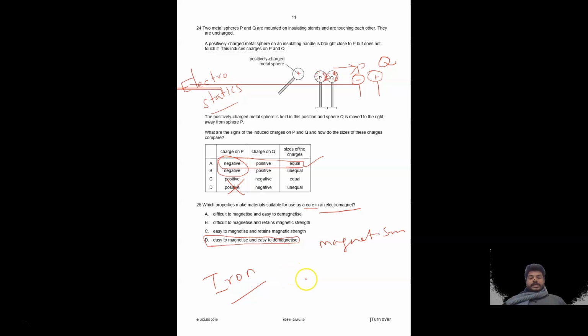Suppose you are using steel. Steel is a hard magnet, which is difficult to magnetize and difficult to demagnetize. Now you pass the current, so the steel becomes a magnet and it attracts the car. Now you have to dump the car on the other side. When you stop the current, the steel will not drop the car down.